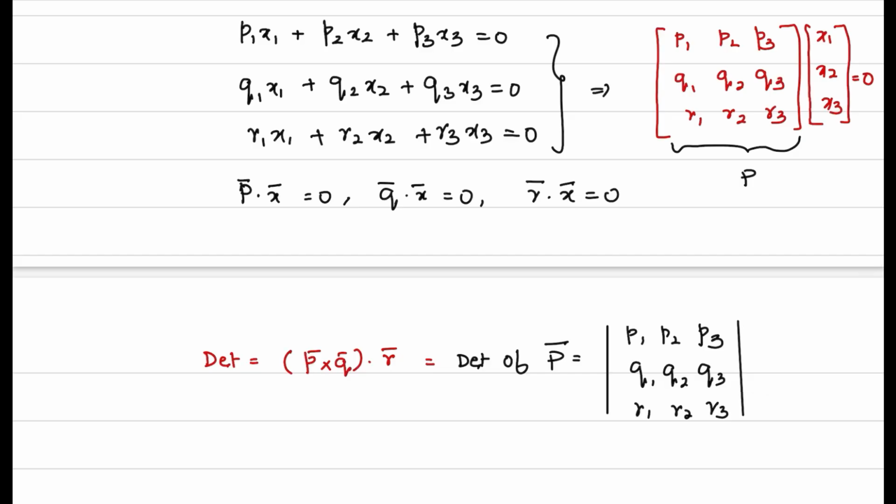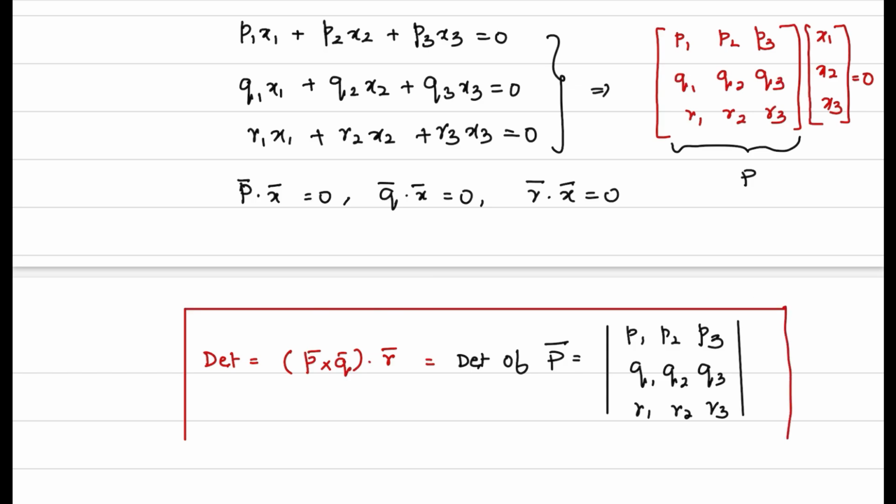This is the meaning of the determinant. Please try to understand this. When something is given in the vector form, the determinant can be found out like this. Determinant is a scalar quantity.